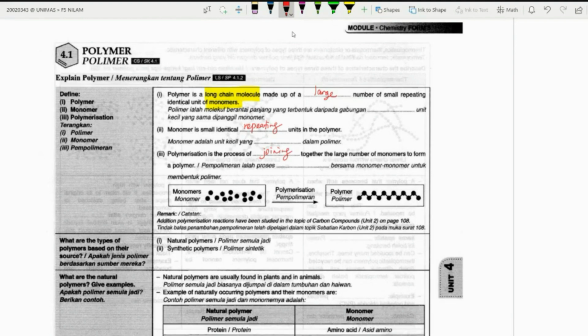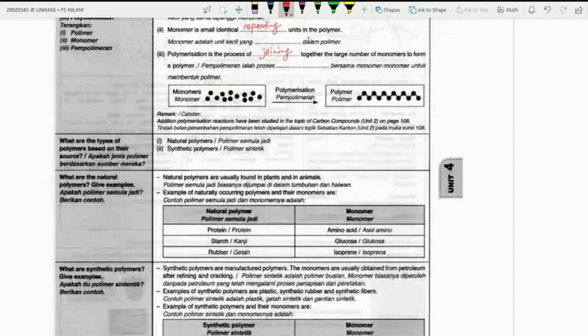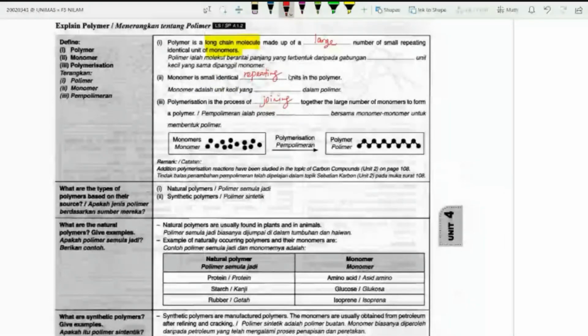Let's see this diagram. The small dot is like a monomer, one monomer like this. They are not joining together yet. You just imagine there are a few thousand of them. So when they undergo polymerization, they join together and form a bond, basically a covalent bond.